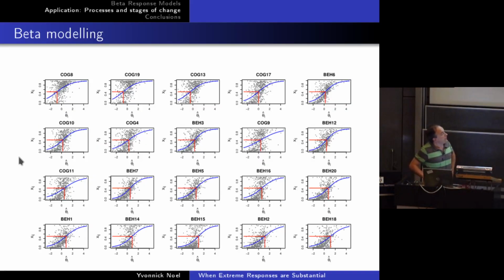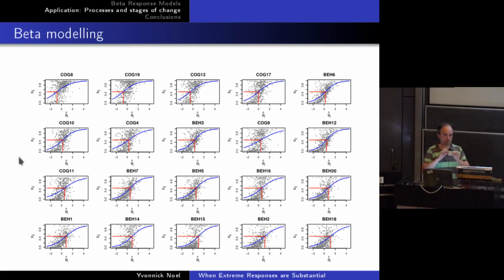Here is the result. After estimating the parameters of the beta model, you get a scaling of the items, and you can note that most of the cognitive items are on the left part of the continuum, and most of the behavioral items are on the right-hand part of the continuum. Interestingly enough, you can note a quite close correspondence between the attitude values.